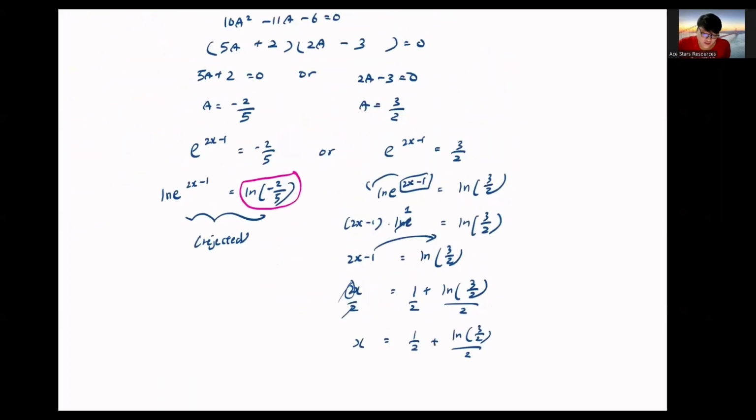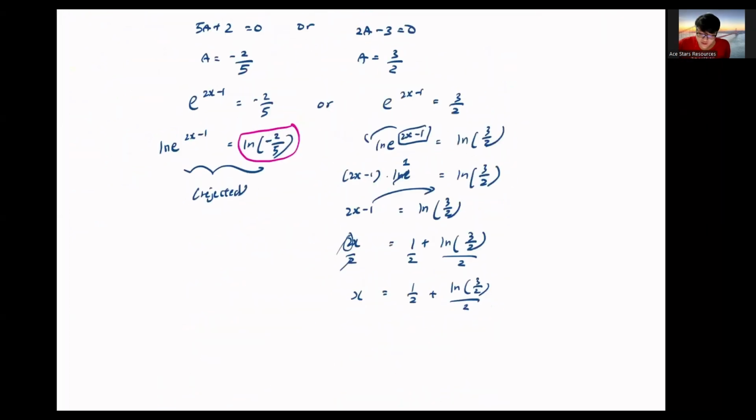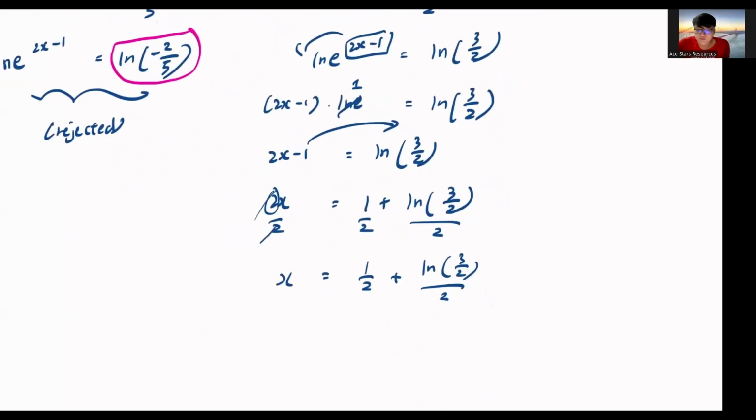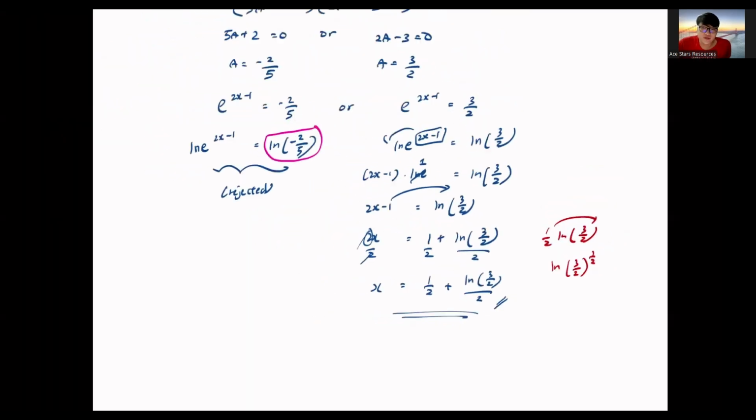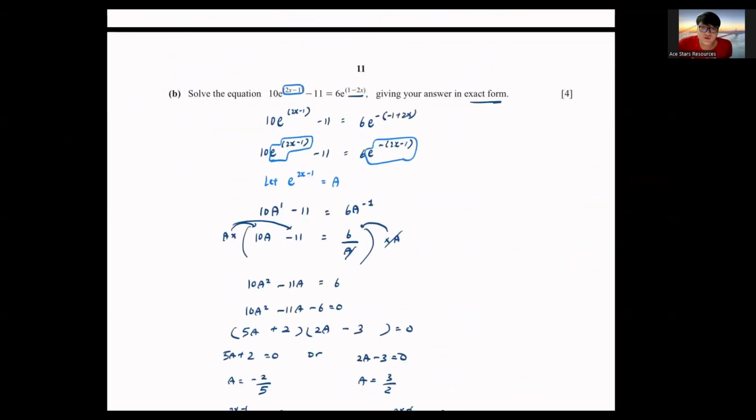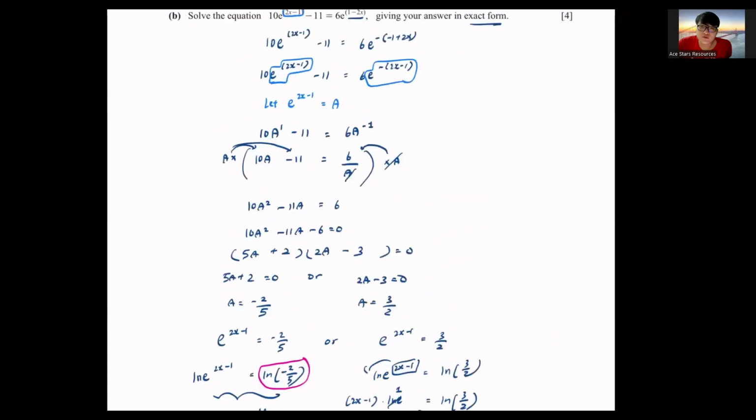I'm sure this is the simplest form that you can get, but of course you can also use the power rule to get 1 over 2 ln 3 over 2. You can also move this up if you want so that it looks something like this. Technically it's up to you, but showing your answer like this is good enough. So by doing all this you get 4 marks as well.